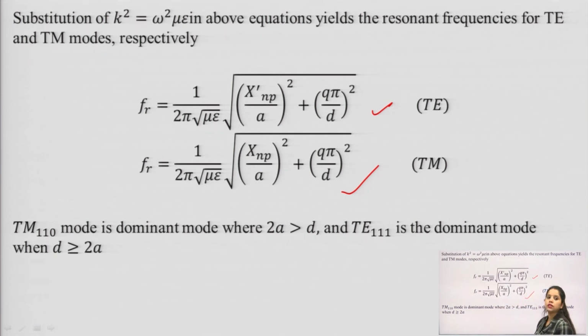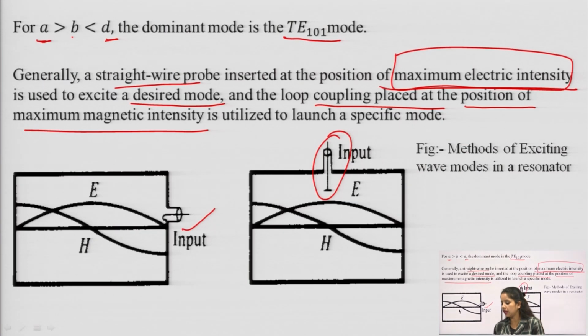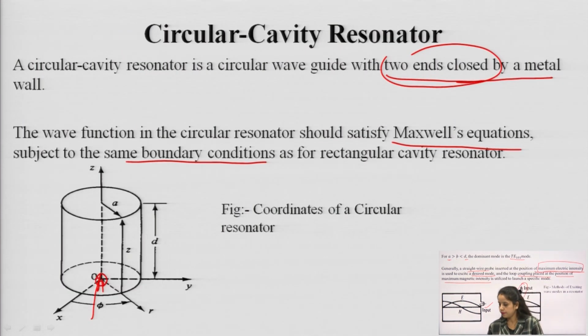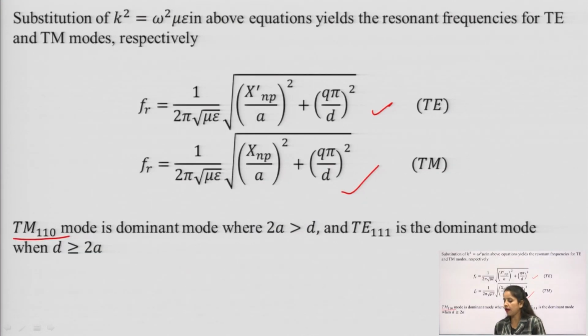In the case of a circular cavity resonator, the dominant mode is TM110. Of course, this is opposite to what we have for the rectangular cavity resonator, where the dominant mode is TE101. For the circular one, the dominant mode is TM110 if 2a is greater than d.